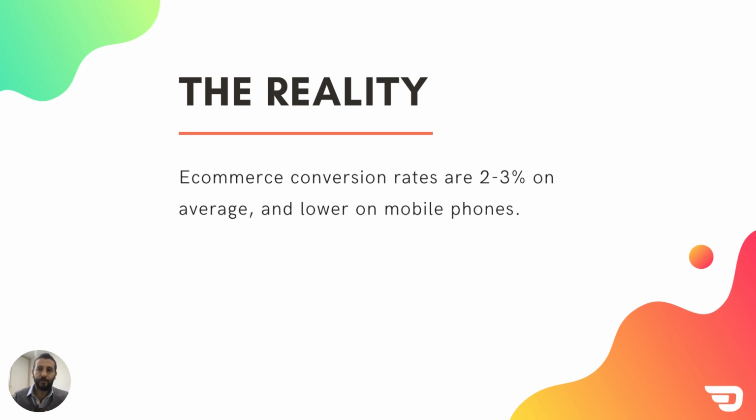Now, let's be clear. E-commerce conversion rates are about 2 to 3% on average and lower on mobile phones. If your site converts more than 3% of traffic into sales, believe it or not, you're in the top 20% of stores.